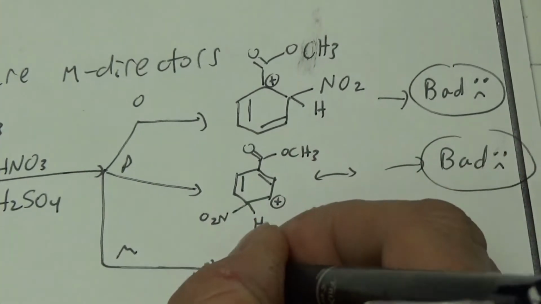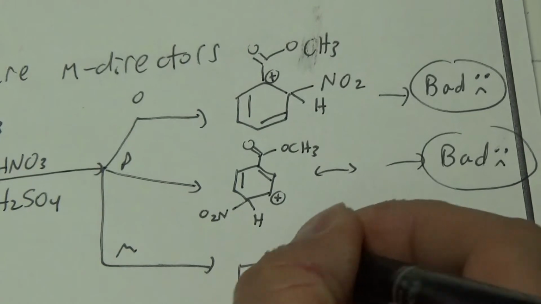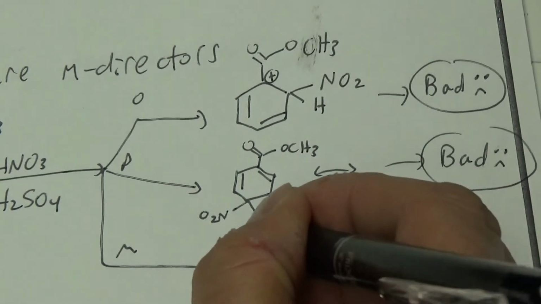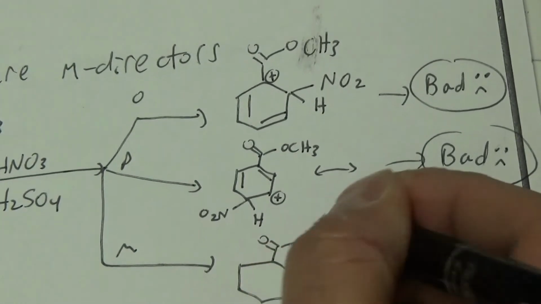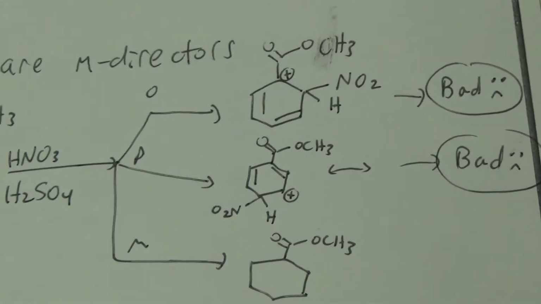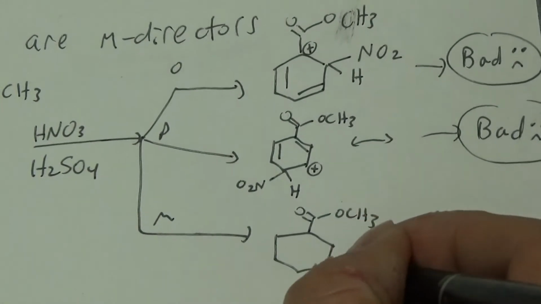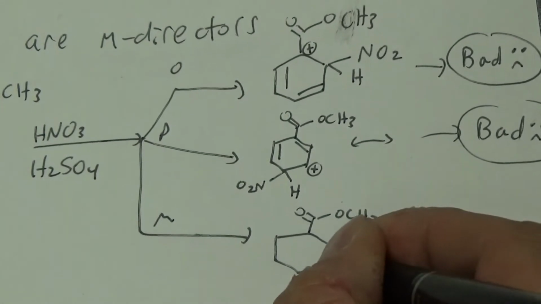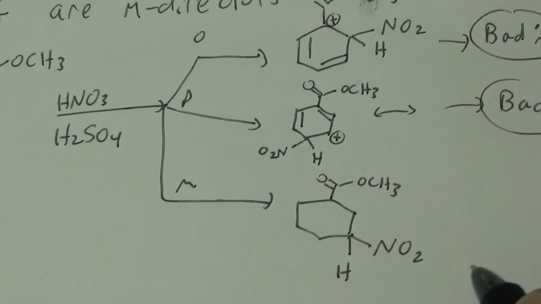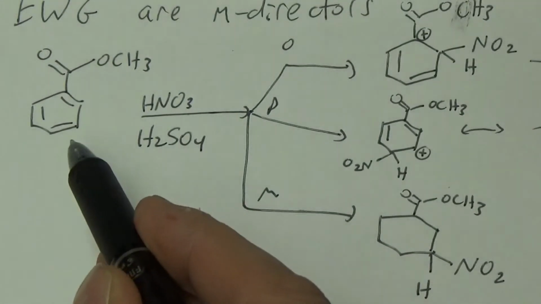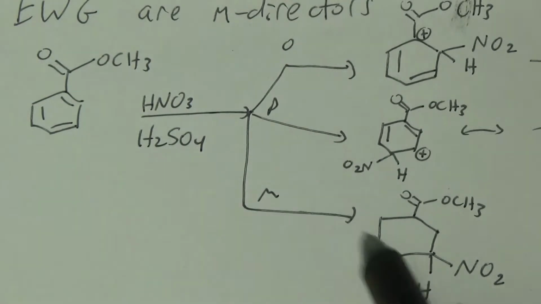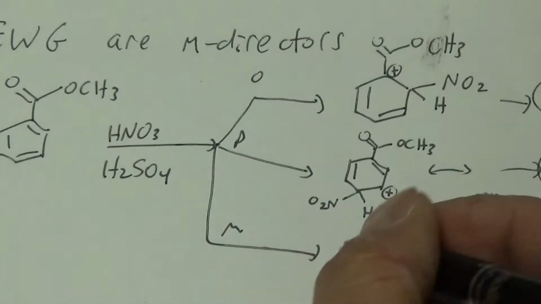And meta, we do the same thing. Now the nitro is on the meta position along with the H. Where's the plus charge? Based on this arrangement, it's on the neighboring carbons. The plus charge is here.